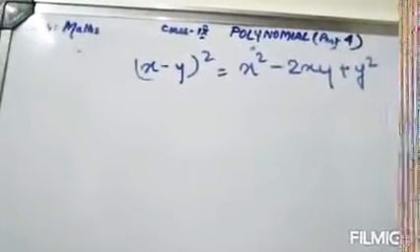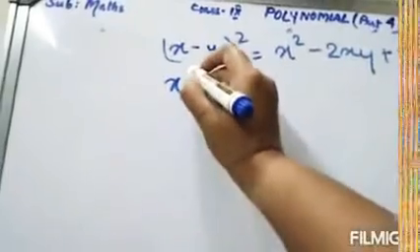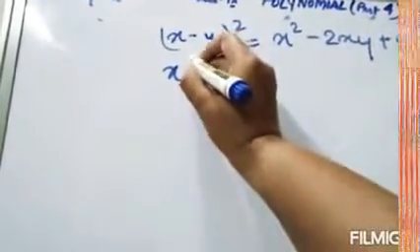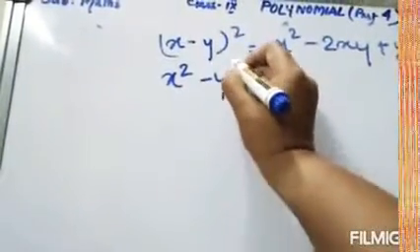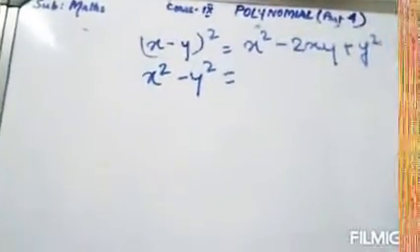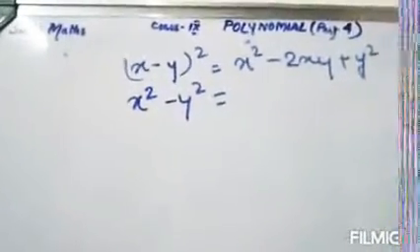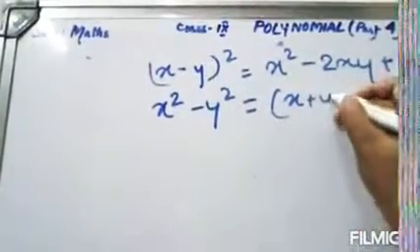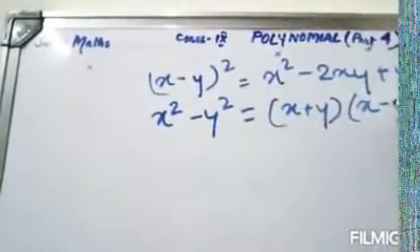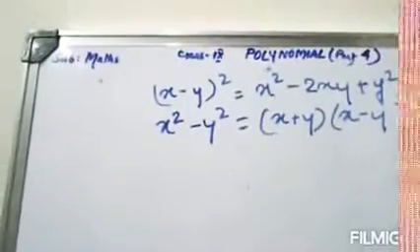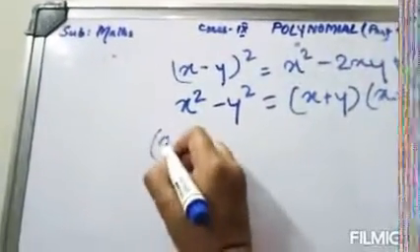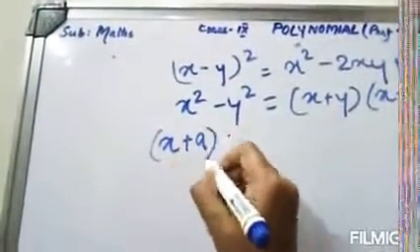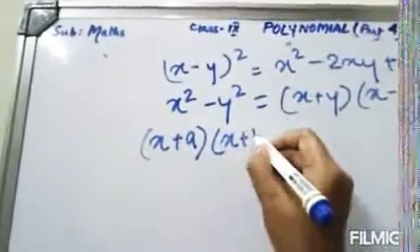Another identity that you all have learned is x square minus y square. Suppose x square minus y square is given, then what do you write? You write x plus y into x minus y. And what if it is given as x plus a and x plus b?